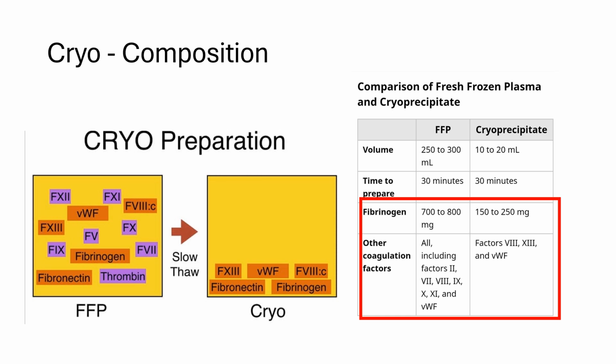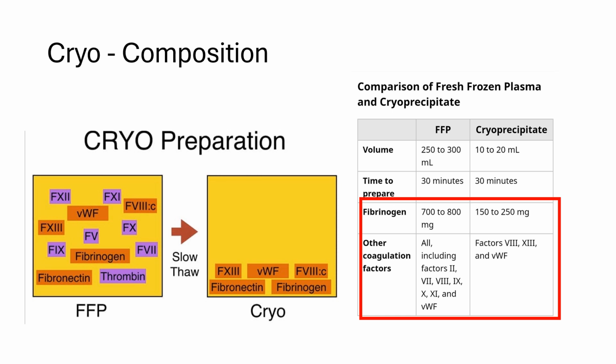When we look into the absolute amount, FFP has far more fibrinogen than cryo, and it also includes all coagulation factors. So FFP is the better product in terms of absolute components compared to cryo.